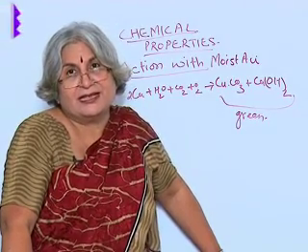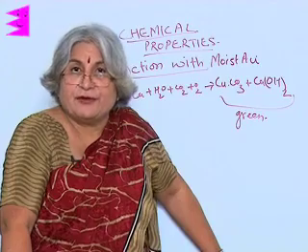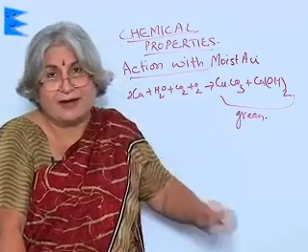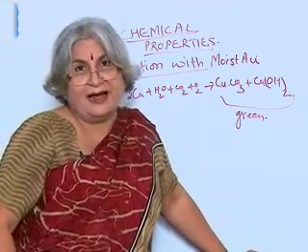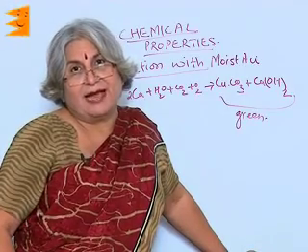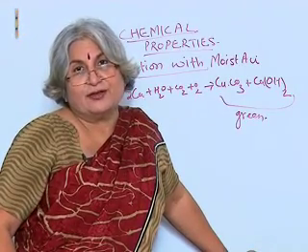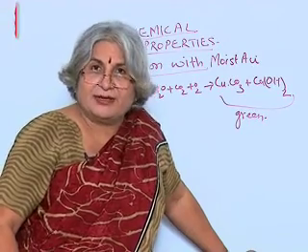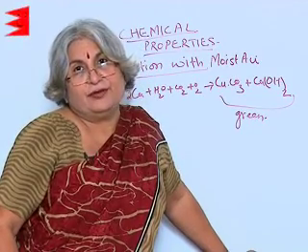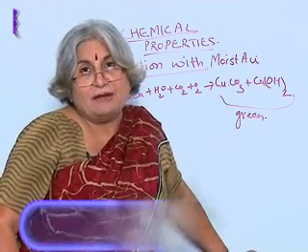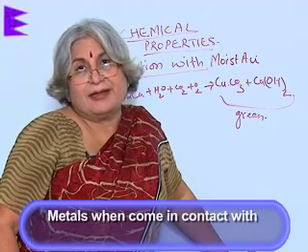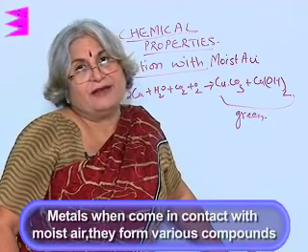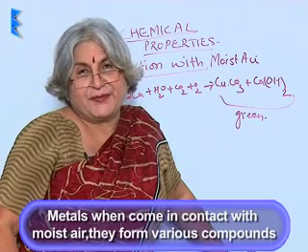If you pass a silver rod or silver wire through a boiled egg, after some time it will turn black because the egg has hydrogen sulfide. Aluminum becomes dull because of the formation of aluminum oxide. So, all metals, when they come in contact with air or moist air, form their various compounds.